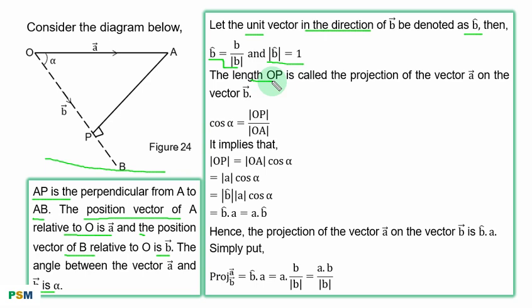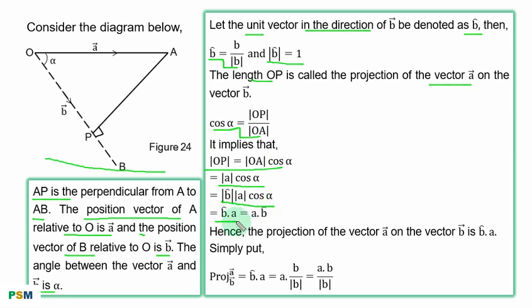The length OP is called the projection of the vector A on the vector B. Cos alpha is equal to this, and it implies this. OA is vector A. You have it in this form. Then you multiply the result by the magnitude of the unit vector of B. You have this result.